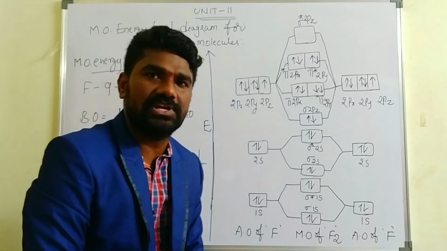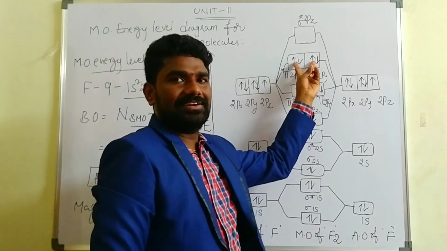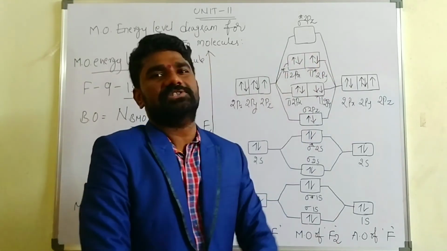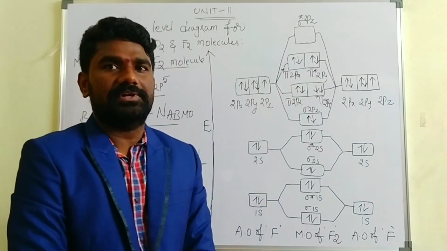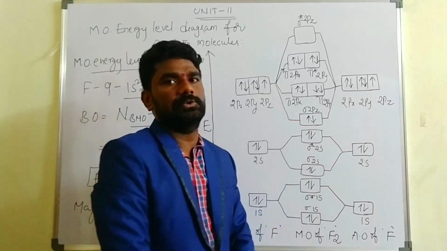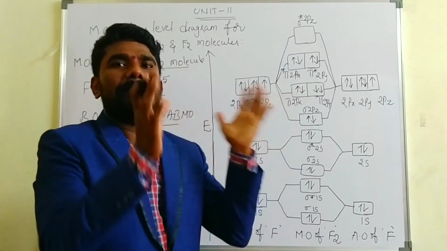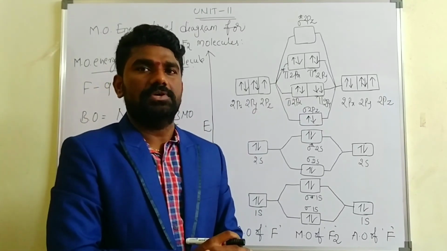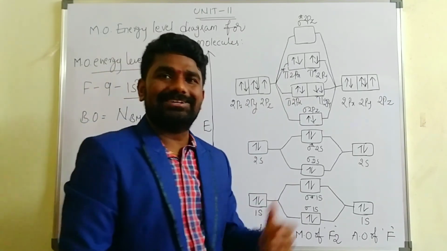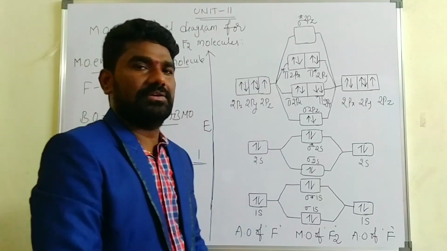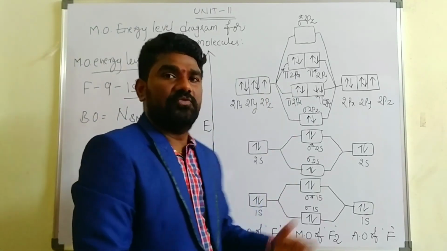In the case of oxygen, we have 2 lone electrons in the pi star 2px and pi star 2py antibonding molecular orbitals. But in the case of the fluorine molecule, these pi star 2px and pi star 2py are also paired up, isn't it? So there are no lone electrons present in the molecular orbitals of the fluorine molecule.